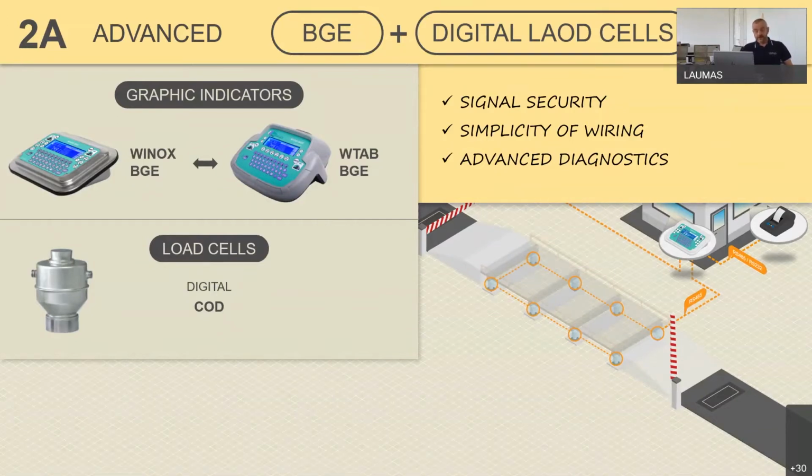And the other advantages are given by the simplicity of the wiring, because COD are equipped with two connectors so that you can connect it in daisy chain, and there's no need of a junction box. Last but not least, this kind of system grants advanced diagnostic features for the complete track scale and for the single load cells.